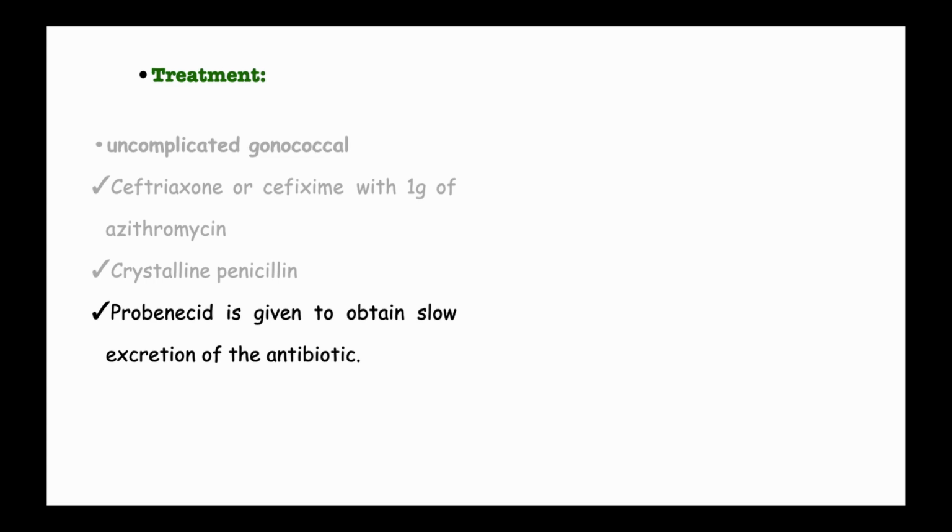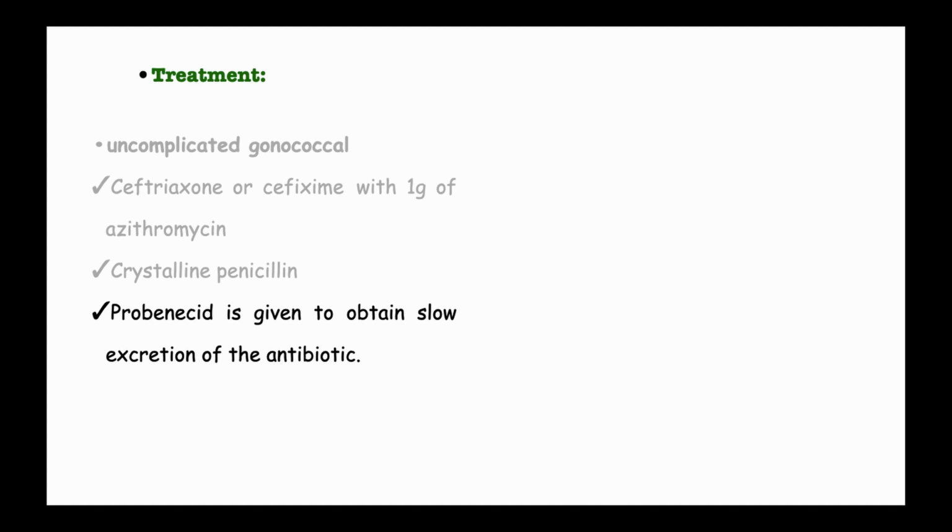Now, when we give 1 gram of this probenecid together with penicillin, it acts to potentiate the effectiveness of this drug by way of slowing the excretion of the antibiotic from the system. This is why we add probenecid to the penicillin.